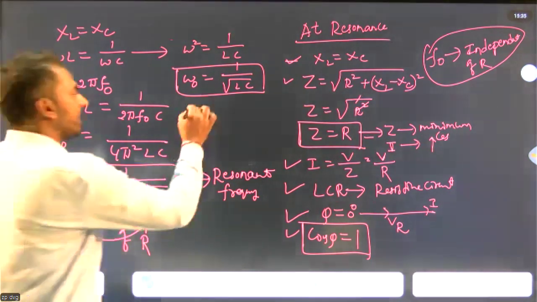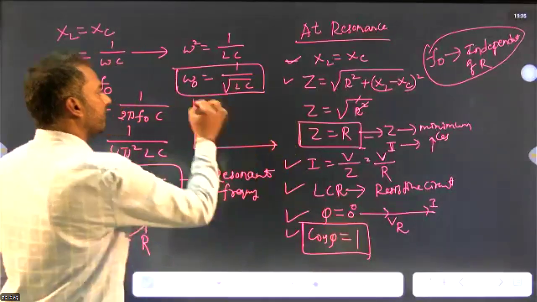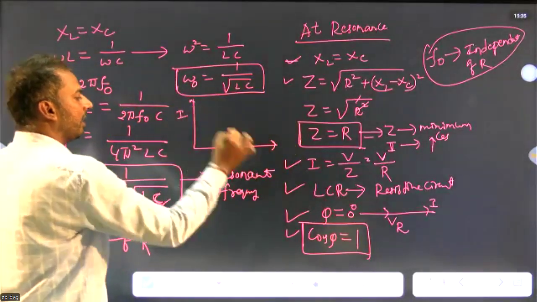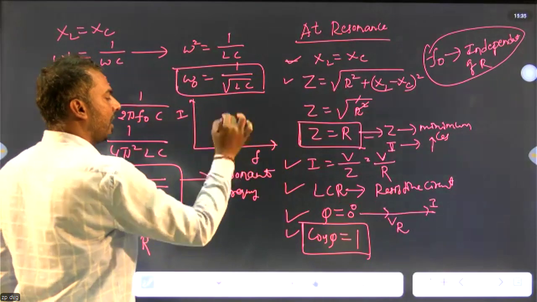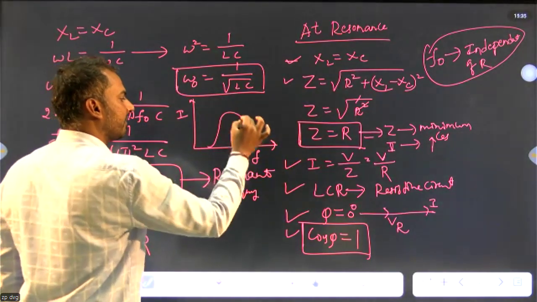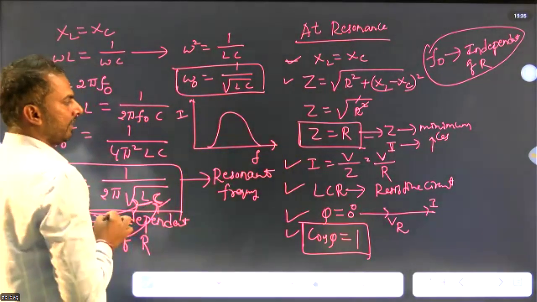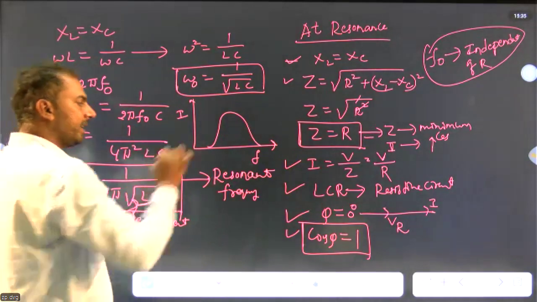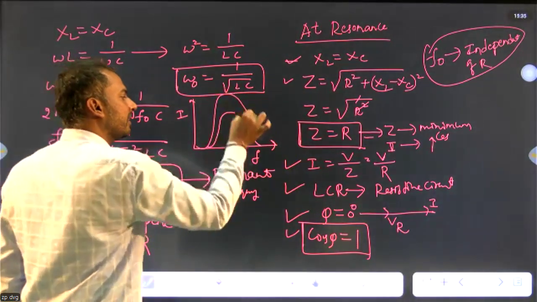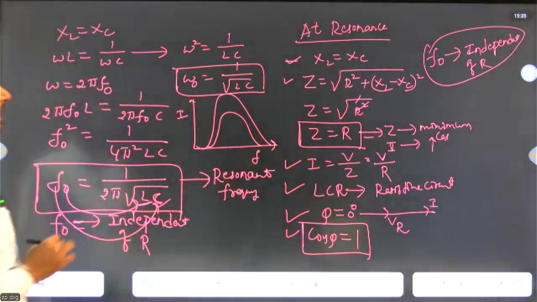As the value of R increases, sharpness of the curve decreases. If the value of R decreases, sharpness of the resonance curve increases.